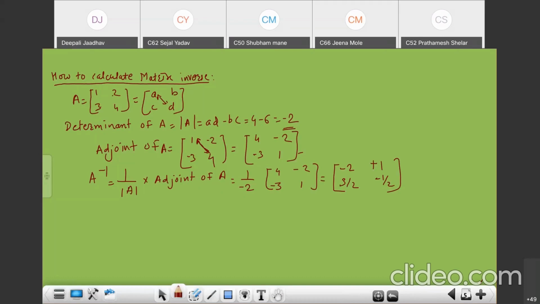Is it clear? Now, in our case, M is given as the matrix minus m1, minus m2, 1, 1, and we need to find M inverse.